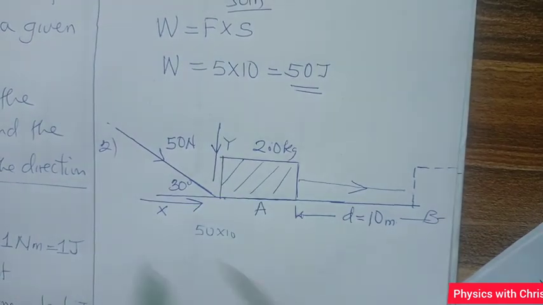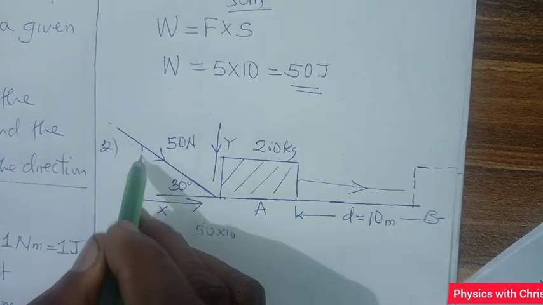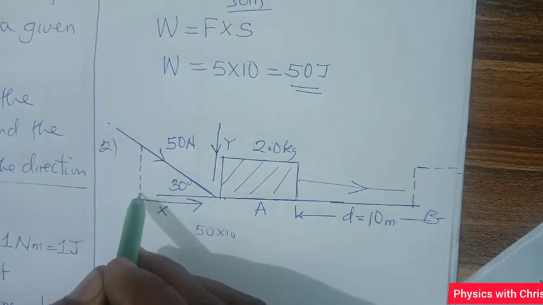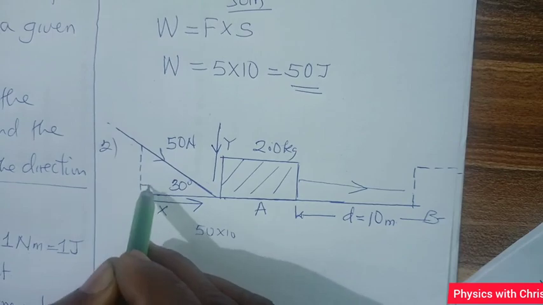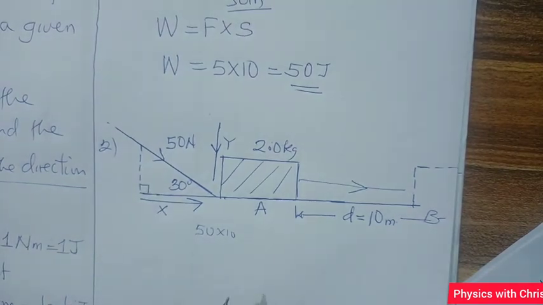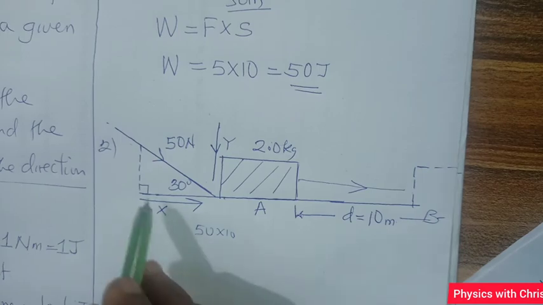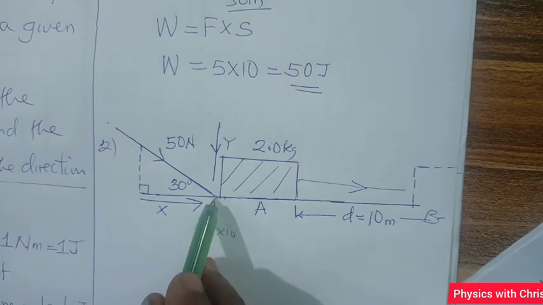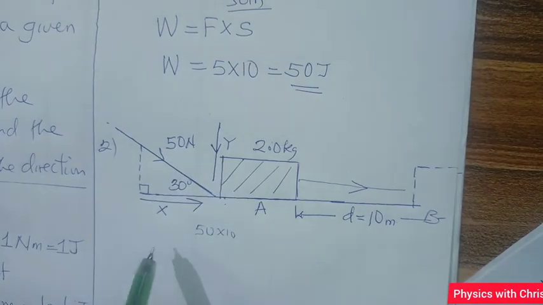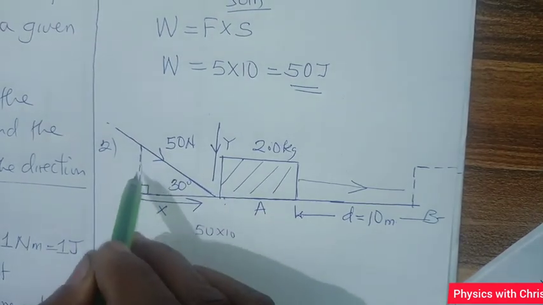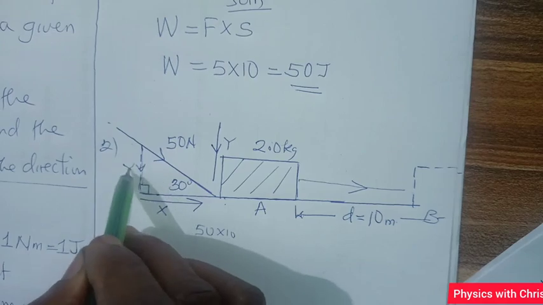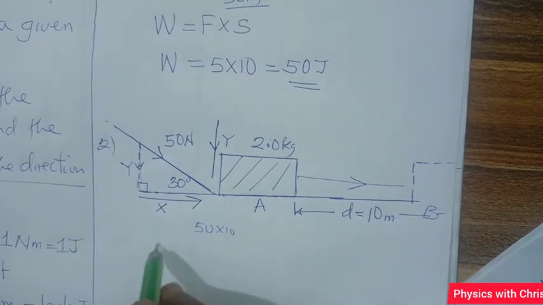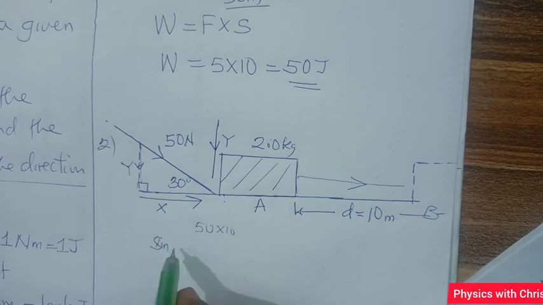Okay, so in doing that, I can translate this to a right angle triangle by drawing this. So this makes a right angle triangle. This is my 90 degrees. Then I use my SOHCAHTOA. Of course, this is my adjacent side, which is my x component of the force, 50 Newton. This is my opposite side, which is the y component of my 50 Newton force. So I can use sine, for instance. If I use sine 30, it gives me y over 50.